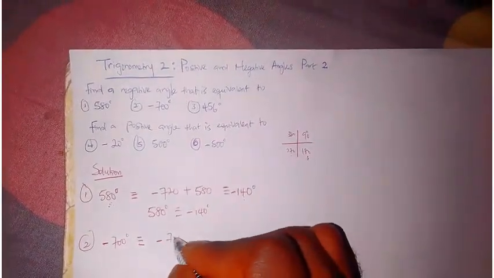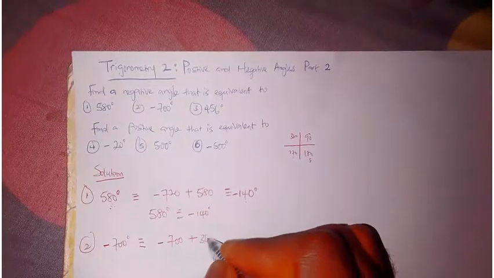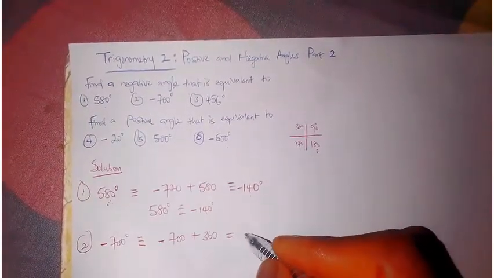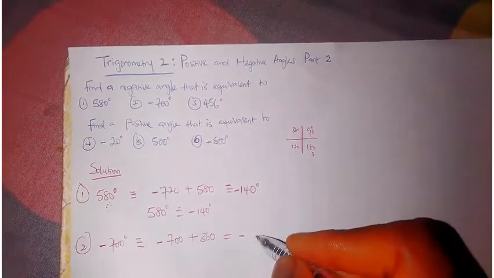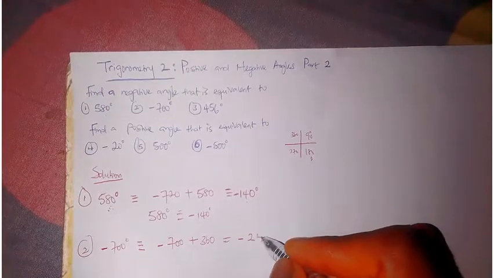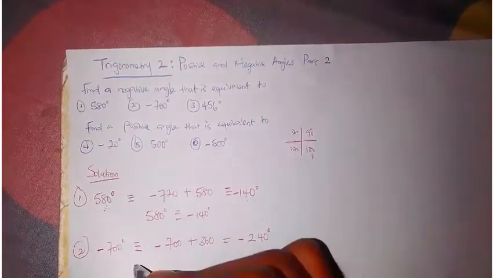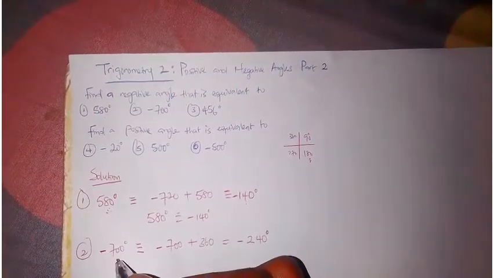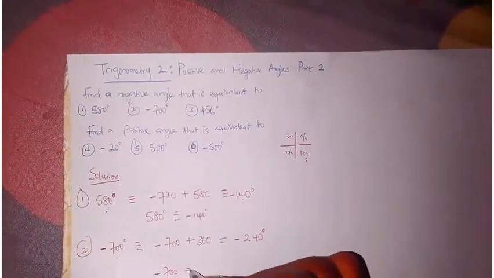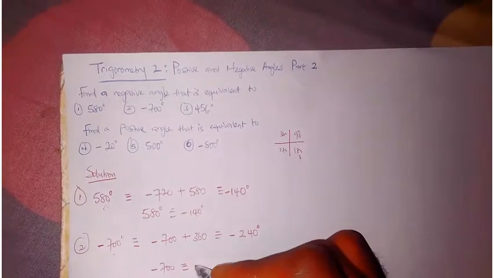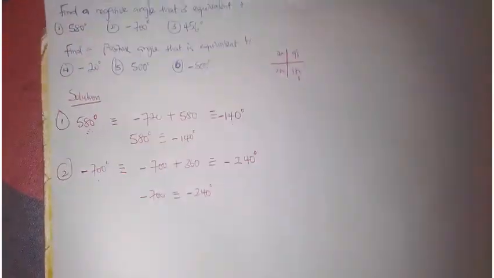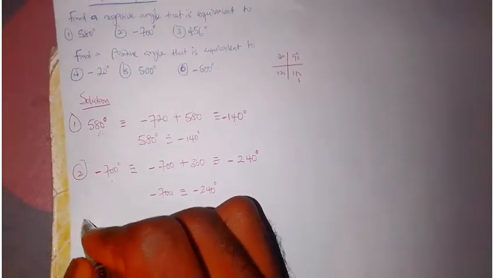So minus 700 plus 360 in this case gives me minus 240 degrees. So it automatically means that minus 700 is equivalent to minus 240 degrees.